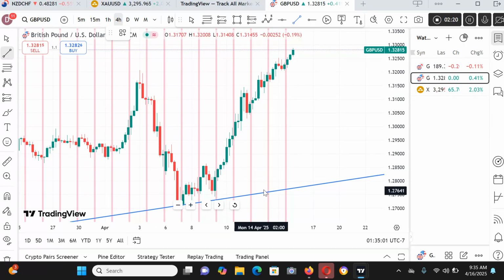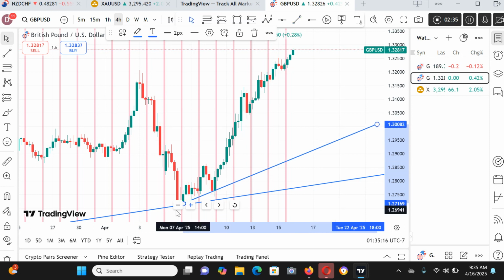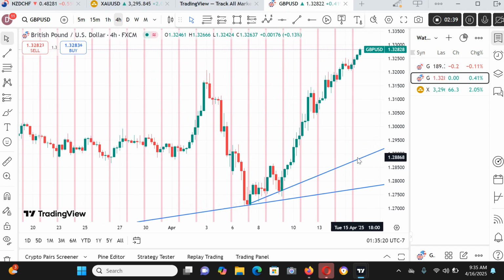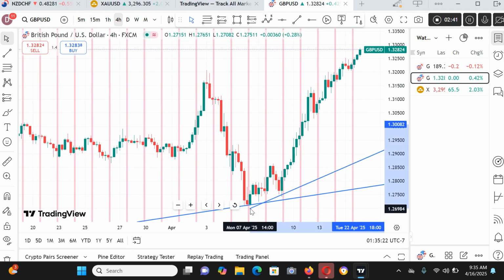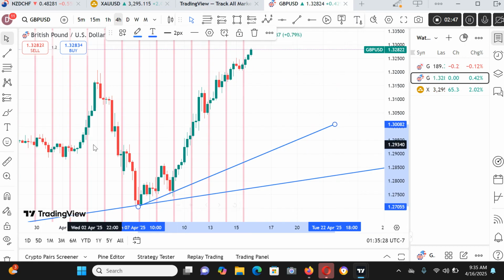This is the last trough it has touched, so we begin another trend line from there. Perfect.